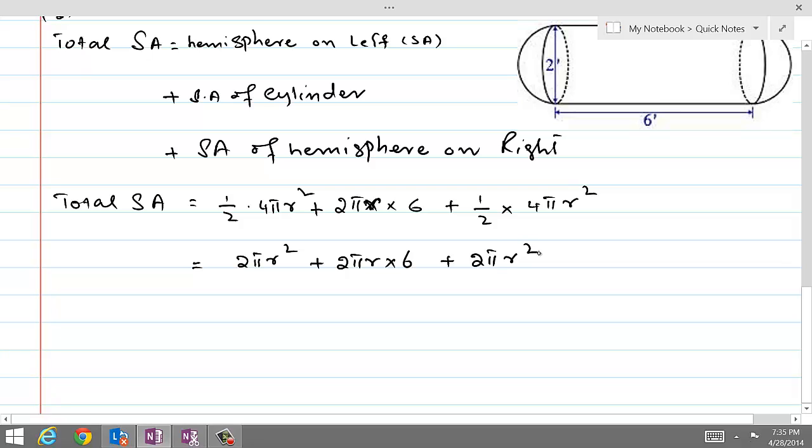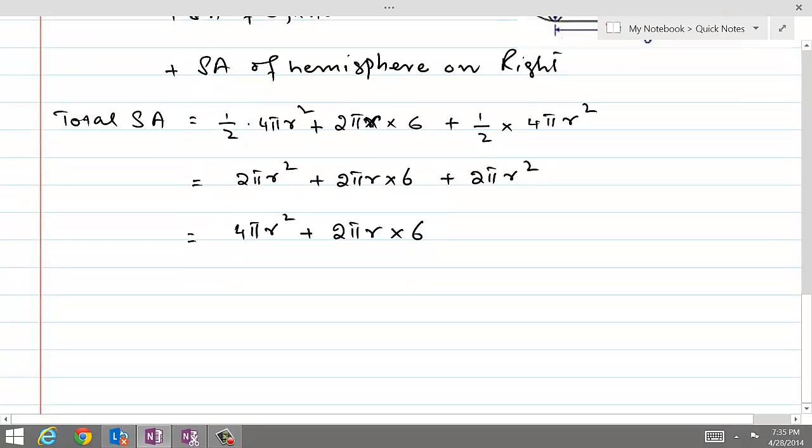So when we add them up, this will be equal to 4 pi r squared, because the hemisphere on the right and the hemisphere on the left will combine and give us one full sphere. So 4 pi r squared plus 2 pi r times the length, which is 6.